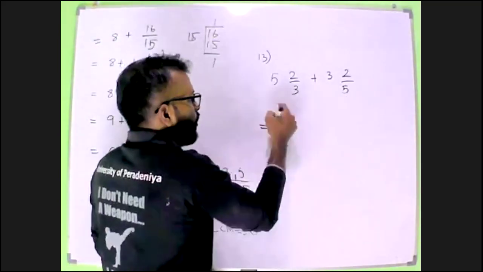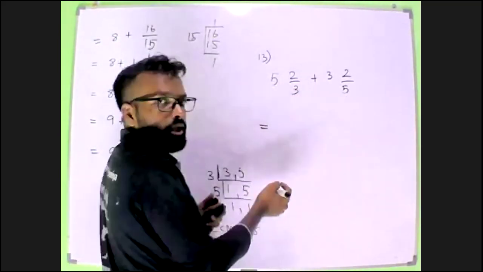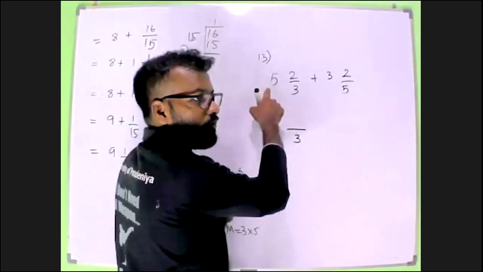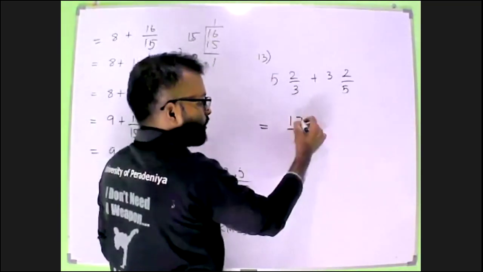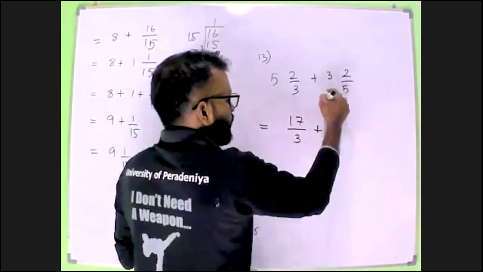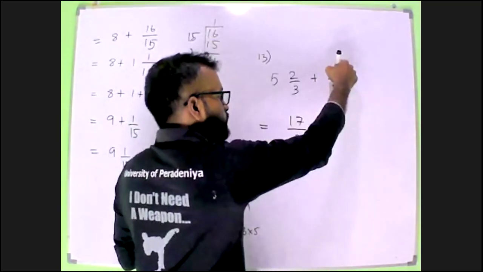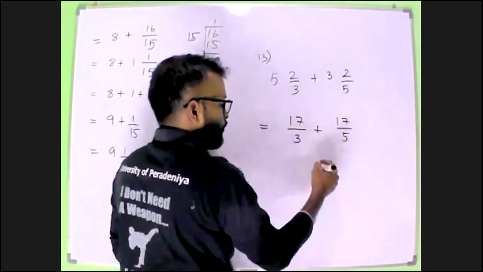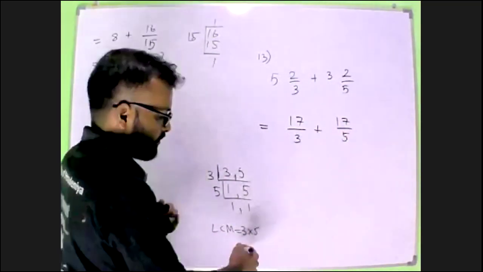So now 5 and 2 upon 3. How do you convert it into an improper fraction? 3 times 5, 15. 15 plus 2, 17. 5 times 3, 15. 15 plus 2, 17. Right? Very nice. So previously we found the LCM as 15.